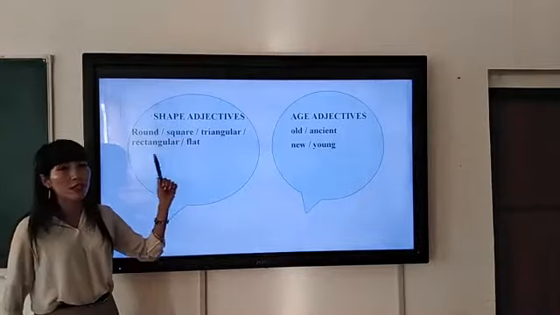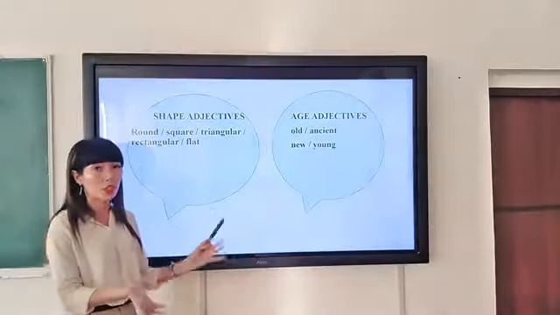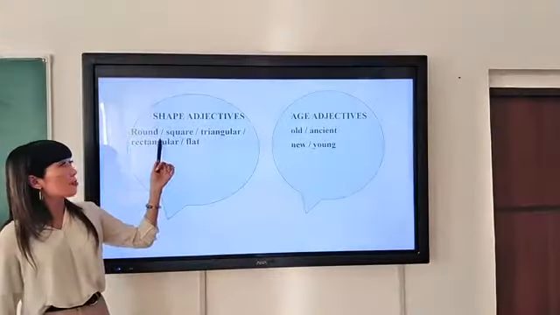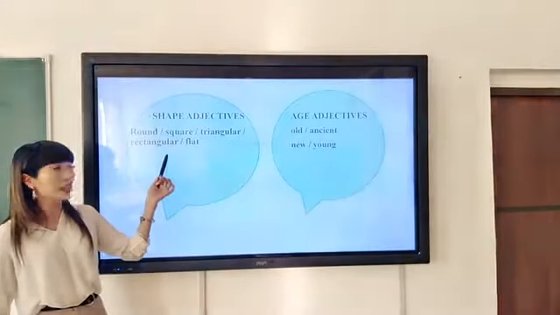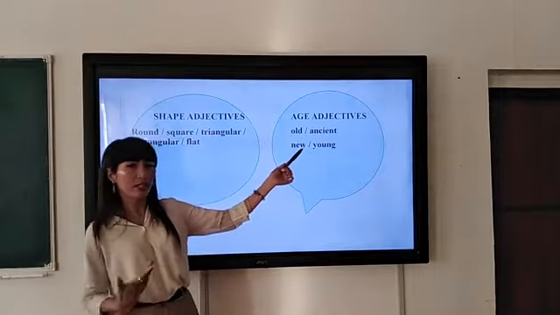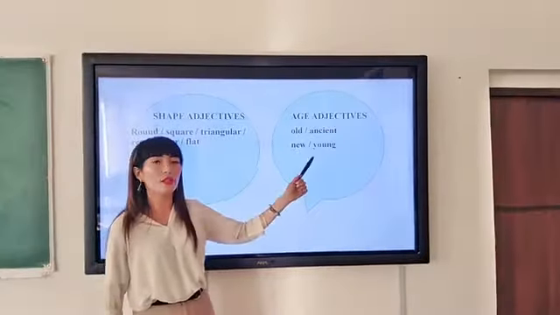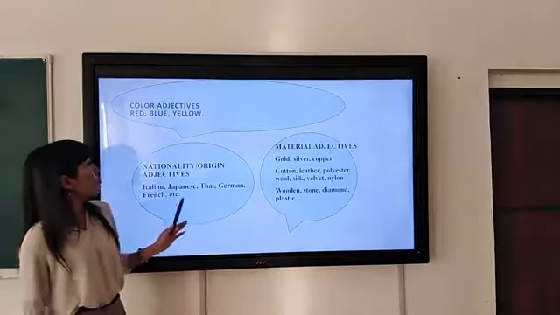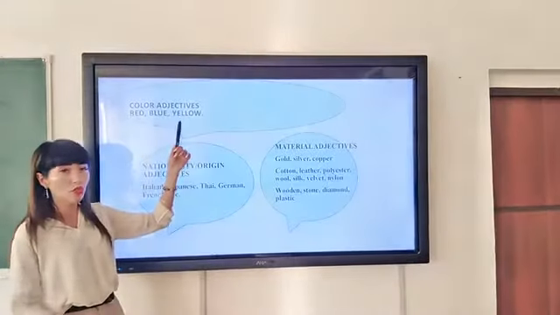So, for shape adjectives, we are going to describe the shape of anything. For example, it can be round, square, triangular, rectangular, or flat. For age, we can use old, ancient, new, young. For color, you can use any color which you are going to describe.